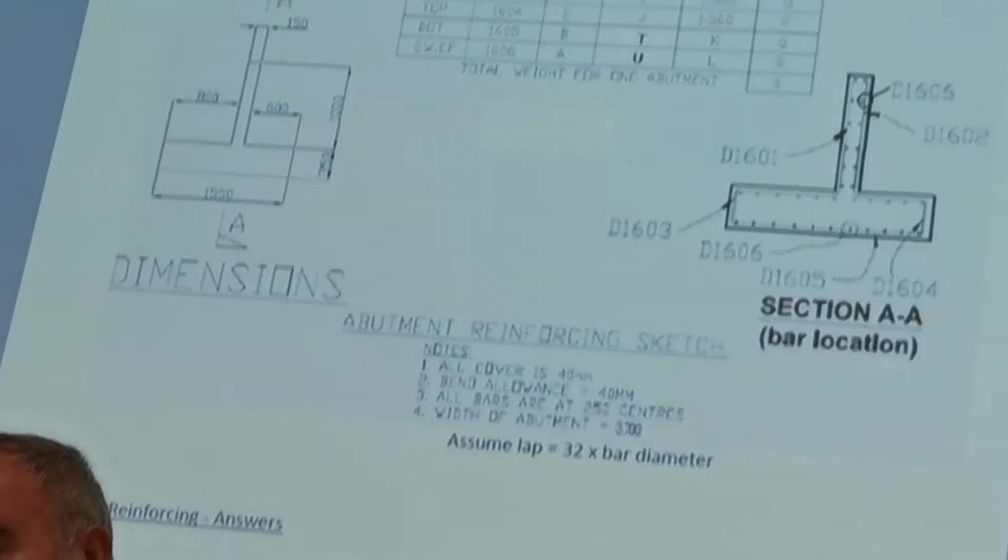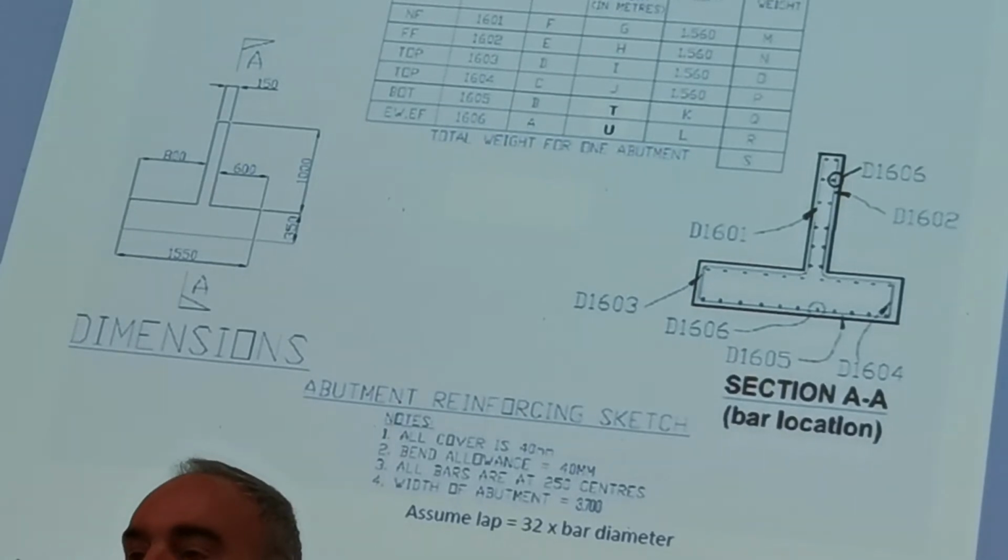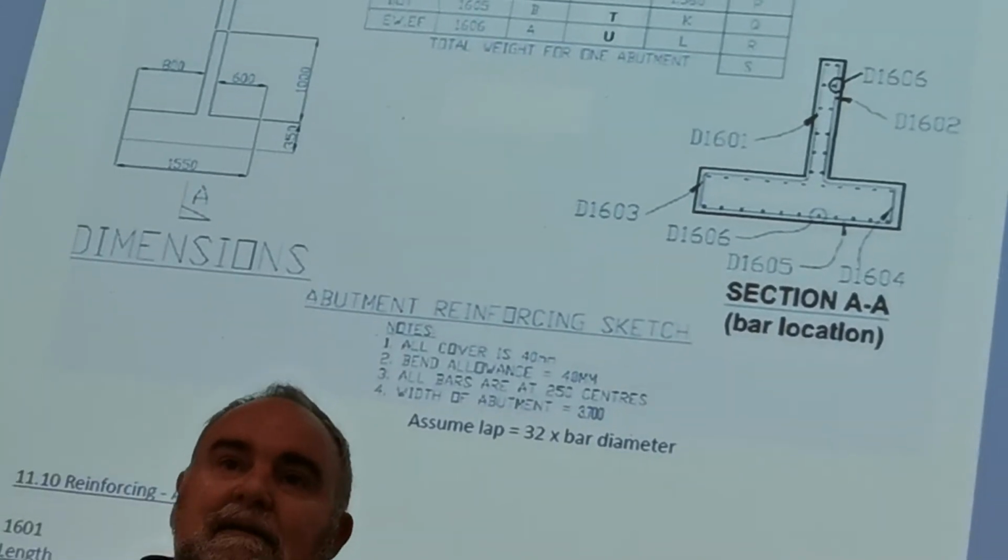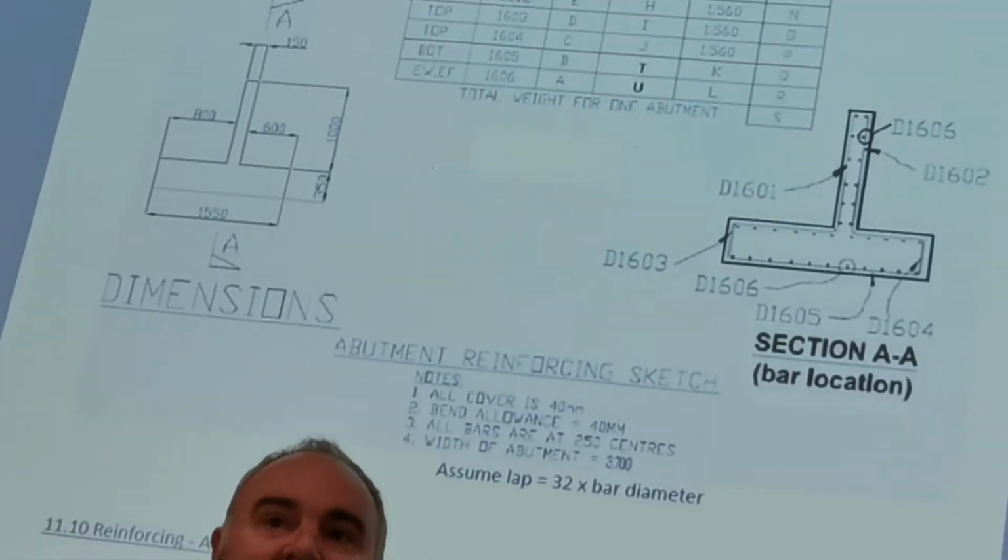So really important to check it a second time to make sure you've done it right, because it's quite possible you'll get asked for F, E and D, and they're all the same answer.